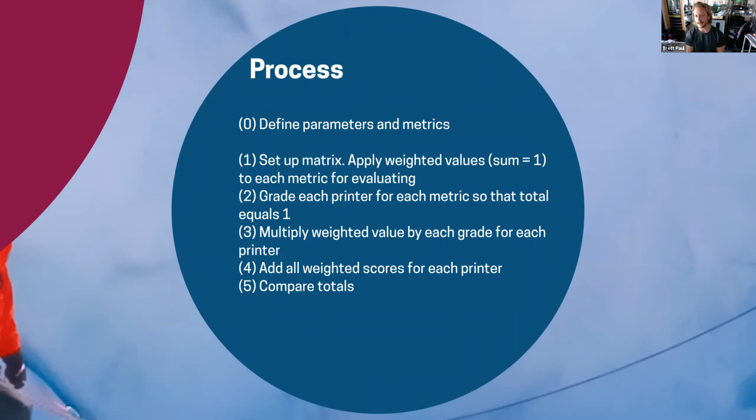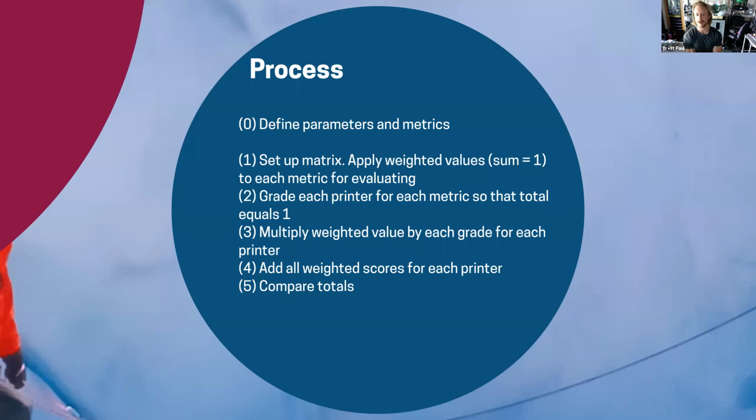Then we're going to set up the matrix, and we're going to apply weighted values to each metric. So once we have 4 or 5 metrics, which one is more important to us is essentially what that's doing. It applies a weighted value to each thing we're concerned with. Then we're going to grade each printer for each one of those parameters.